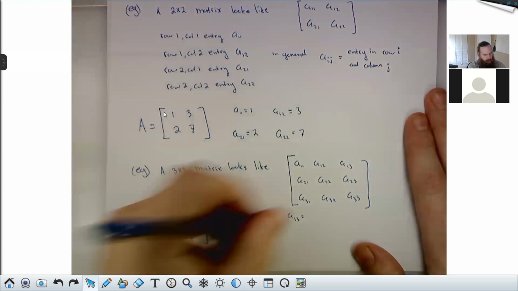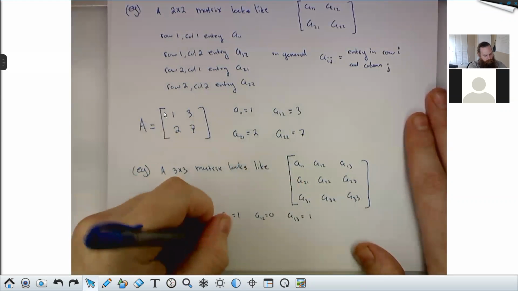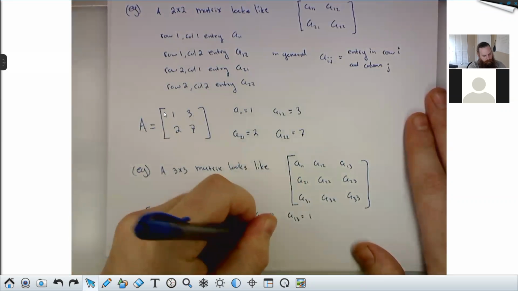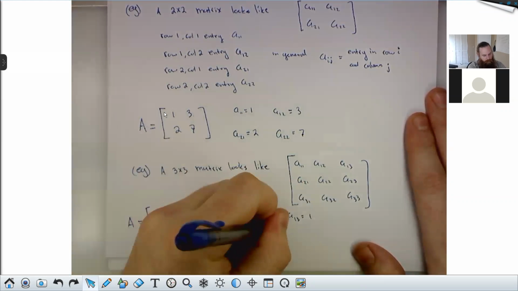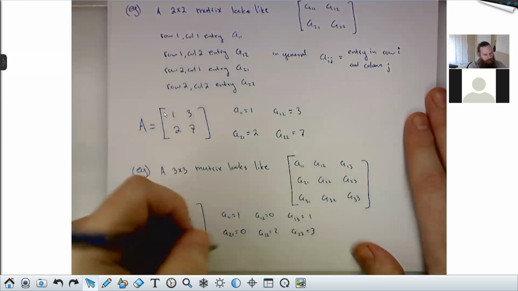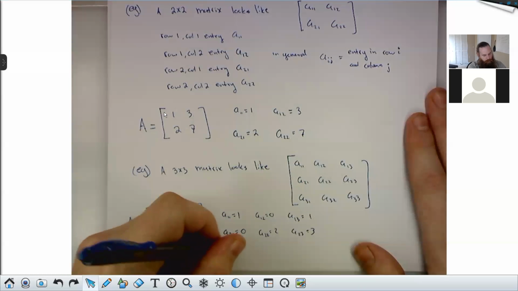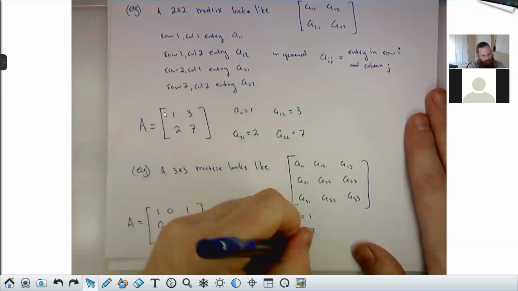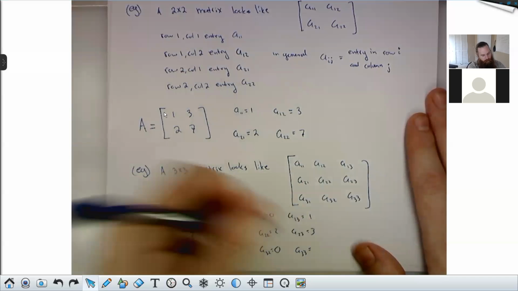A13 is 1. A21 is 0. A22 is 2. A23 is 3. A31 is 1. A32 is 0. And A33 is 7.